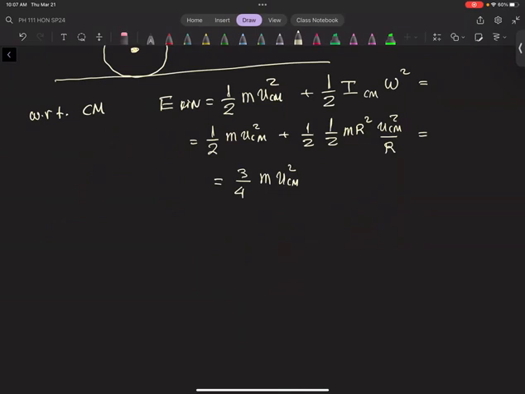Now, guys, what if I ask you what is the kinetic energy of the same disk with the same pure rolling about the ground, with respect to the ground? Careful here. I'm going to ask you one question among other things. What is the speed of this point right here? Does this point have a speed? Yes.